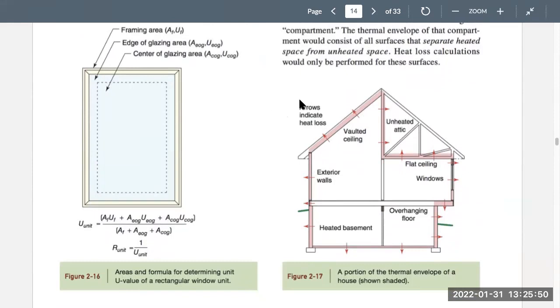See, this is unheated space, even in the attic. The attic is unheated space. So we've got a vaulted ceiling. We've got something where we've got to go all the way to the vaulted ceiling and count it as a wall. And in this room, though, we have a ceiling that goes to an attic. So we're counting the ceiling itself. So you can see where we're counting all of the thermal envelope shown.